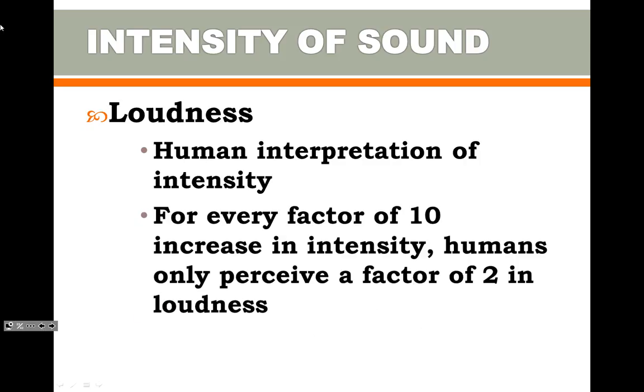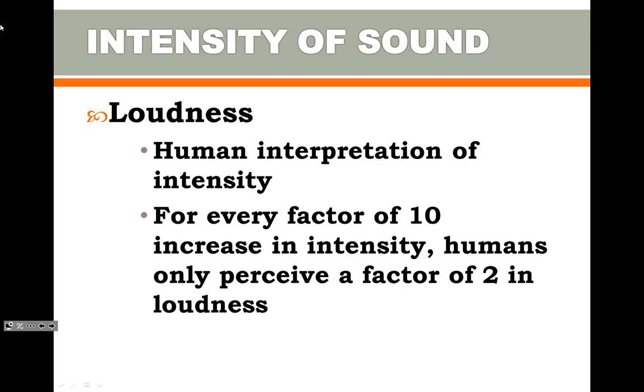So, for us, for every factor of 10 increase in intensity, humans actually only perceive this as a factor of 2 in loudness. So when we go from like 10 to 20 on the decibel scale, we kind of interpret that as being twice as loud. That's why we often misinterpret the decibel scale, because that's how our ears pick it up.